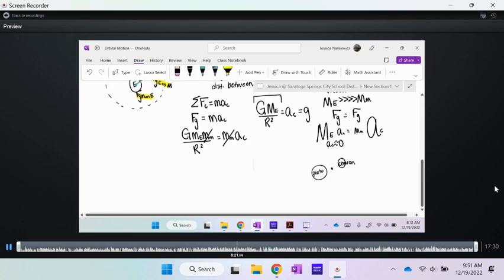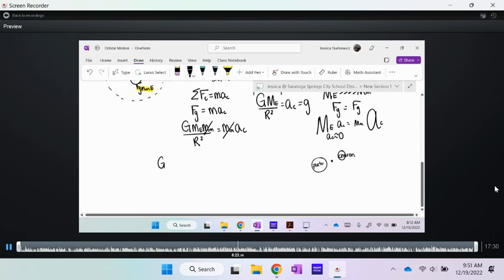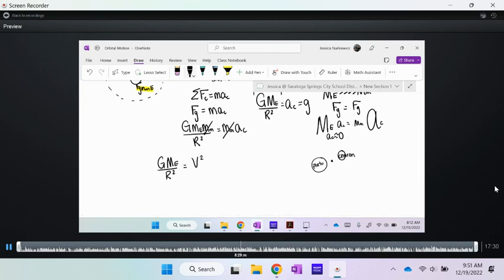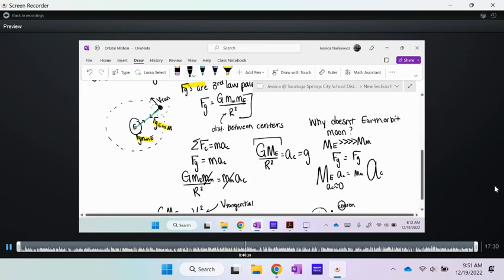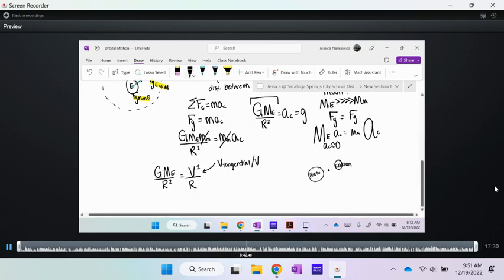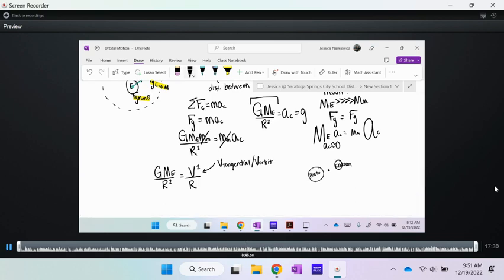Now remember, we know from all circular motion that centripetal acceleration is v squared over r. Here, this v is going to be the tangential velocity. Tangential meaning the velocity is directed tangent to the circle, but that's also sometimes called the orbital speed, or how fast we have to go to stay in orbit.